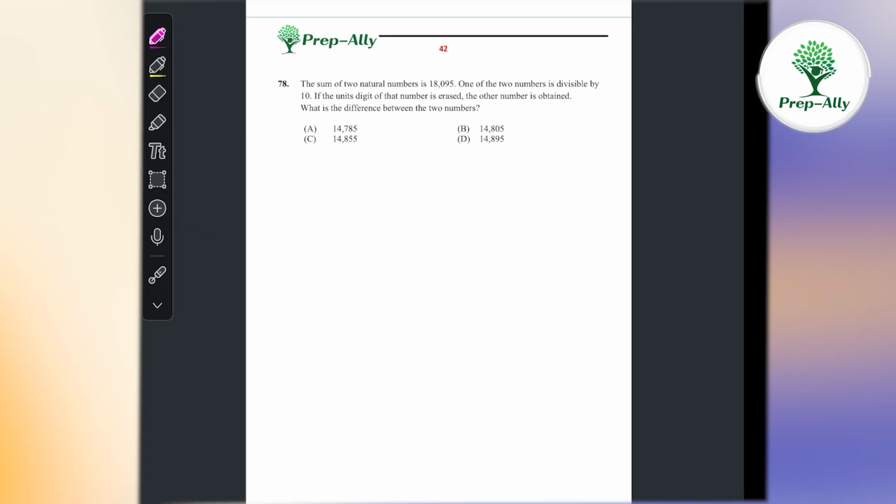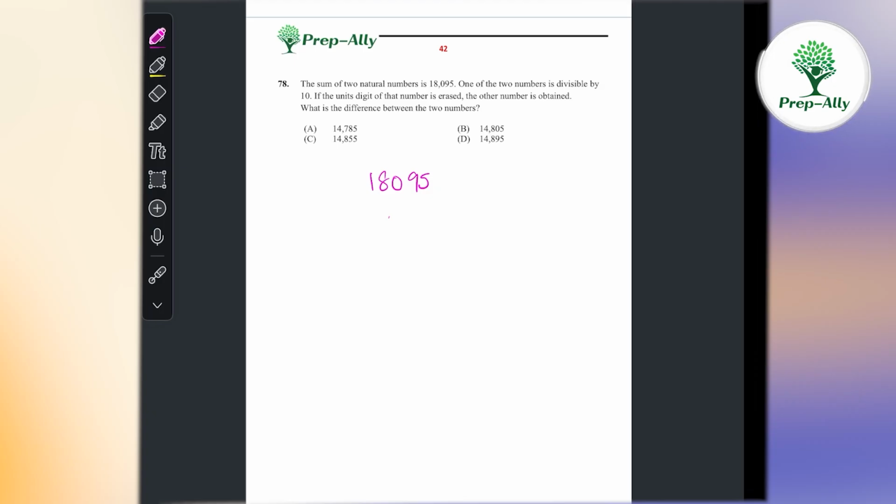So what are we being asked in this question? The sum of two natural numbers is 18,095. One of the two numbers is divisible by 10, so the unit digit is 0, and if the unit digit of that number is erased, that is, if 0 is erased, then the other number is obtained.